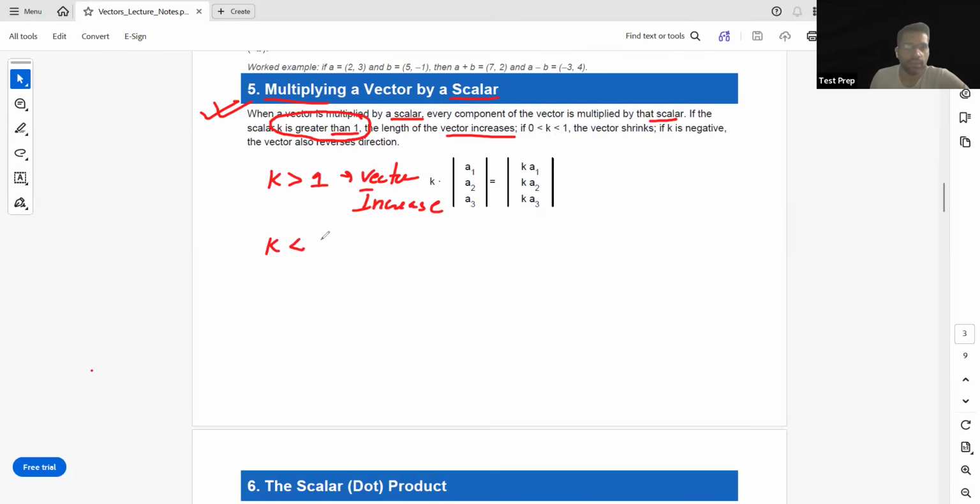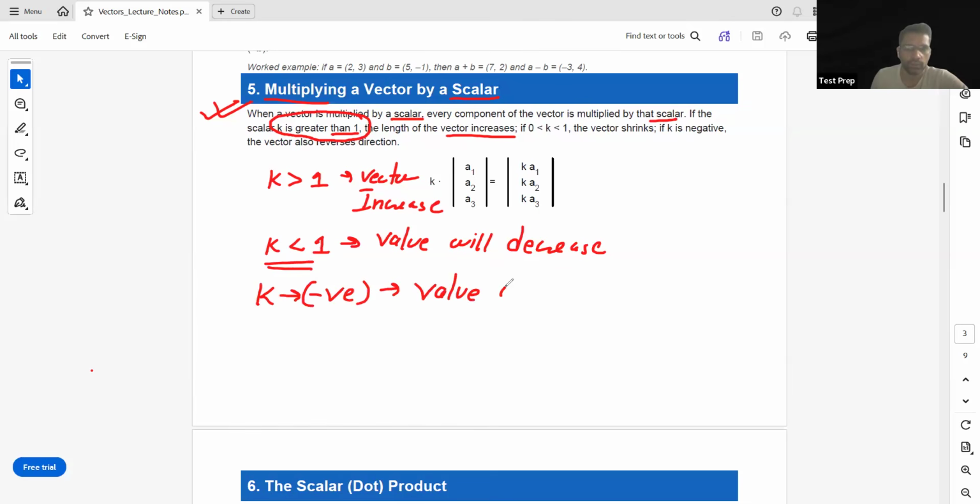If the value is less than 1, its value will decrease. If k is less than 1, it means k can be negative also. In case k is negative, the value will also decrease. Get my point?